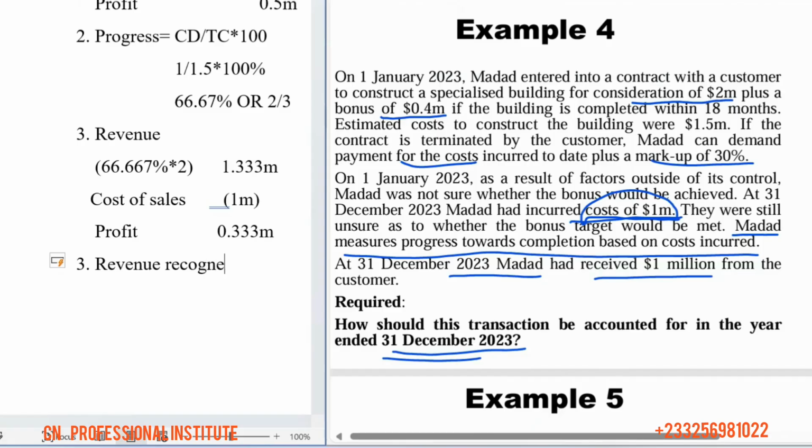I keep saying to date because we'll be solving complex questions along the line, maybe during the question and answer section. So revenue recognized.